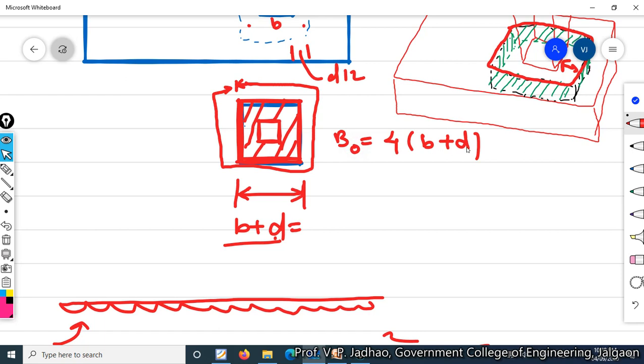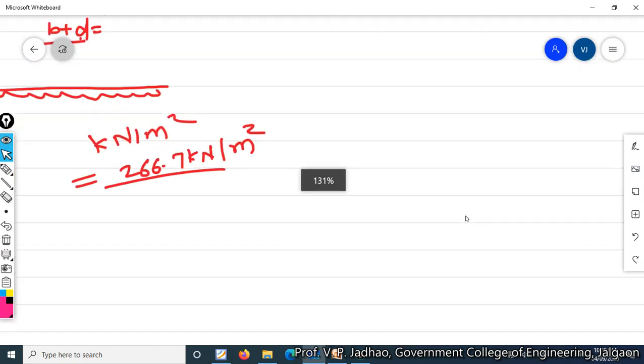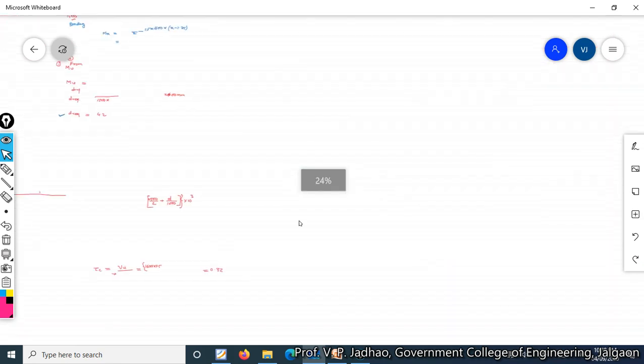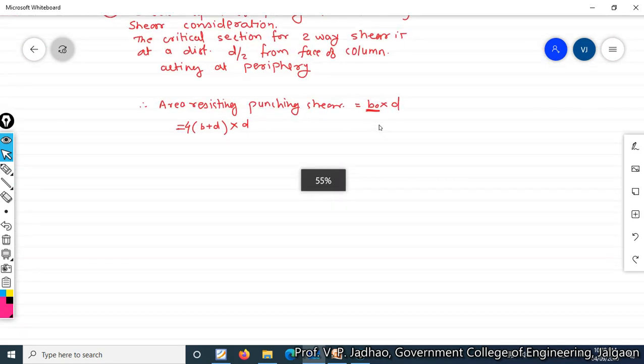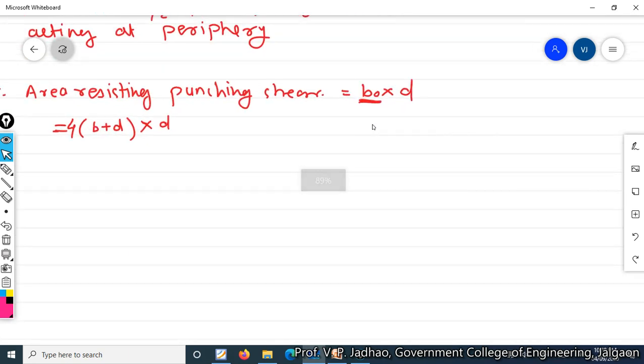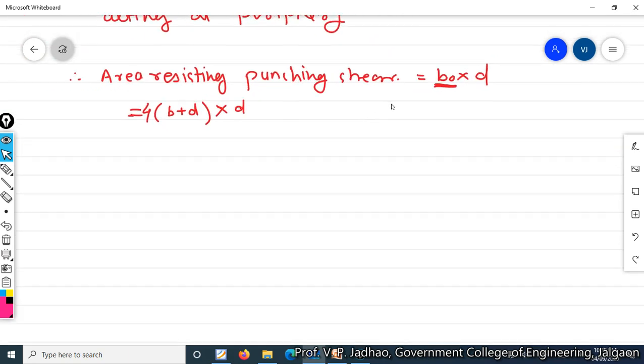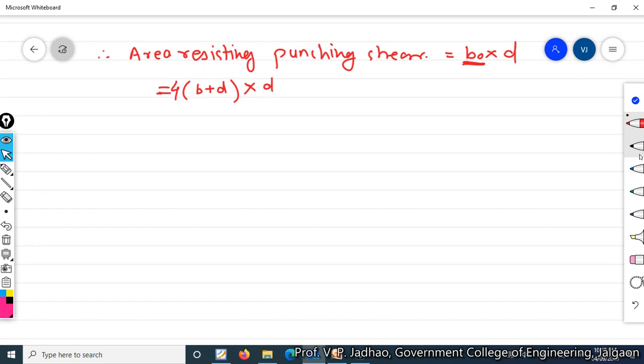So we'll come to our problem: we are checking the depth of our footing from the punching shear or two-way shear point of view. Okay, so we'll make this correction.